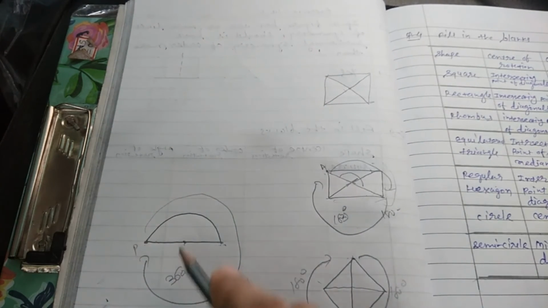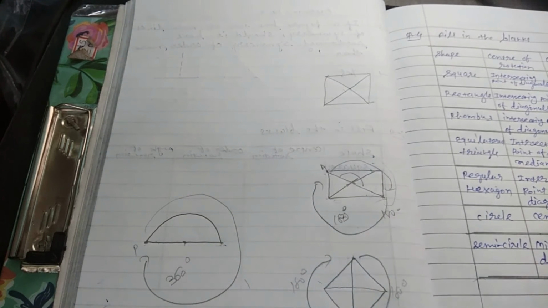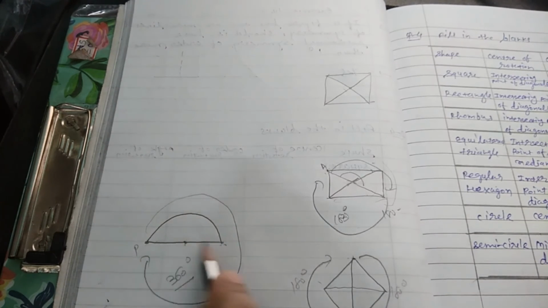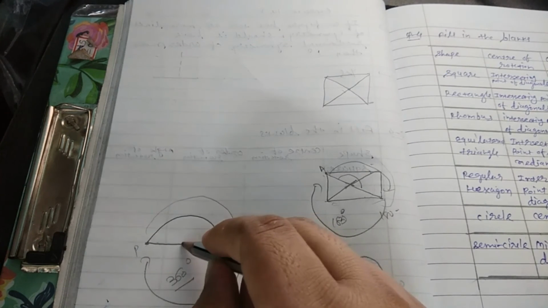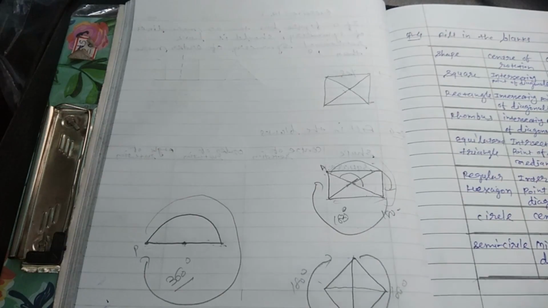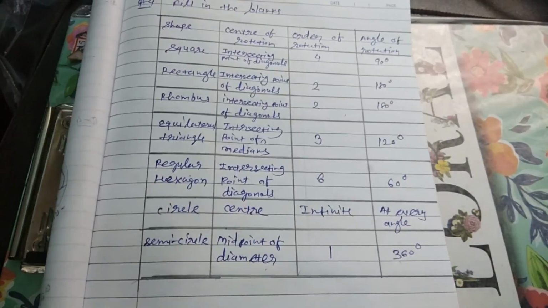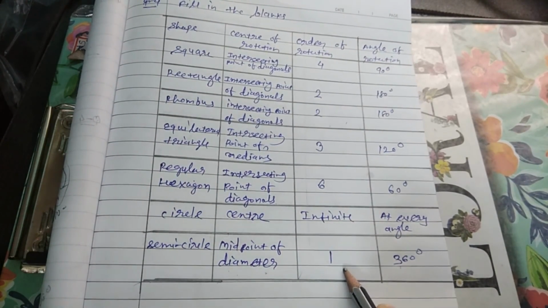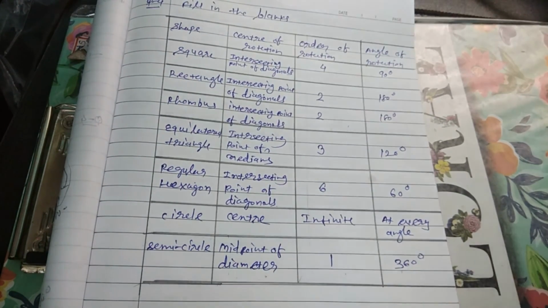So the order of rotation in a semicircle is 1, and the angle of rotation is 360 degrees. Now what is the center of rotation? It is the midpoint of the diameter. That means this point, the midpoint of this line segment, and this line segment is a diameter. So in a semicircle, the center of rotation is the midpoint of the diameter, the order of rotation is 1, and the angle of rotation is 360 degrees.